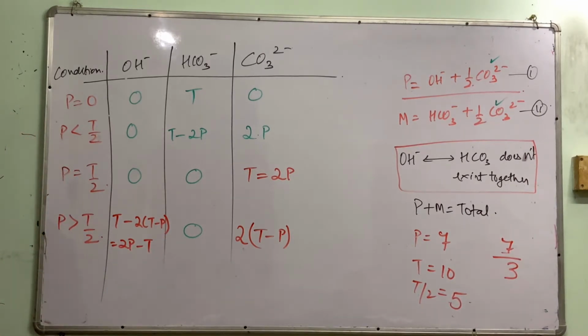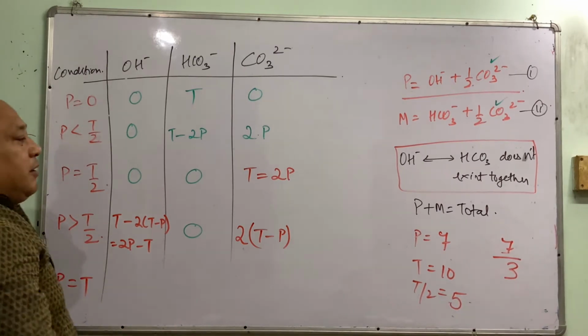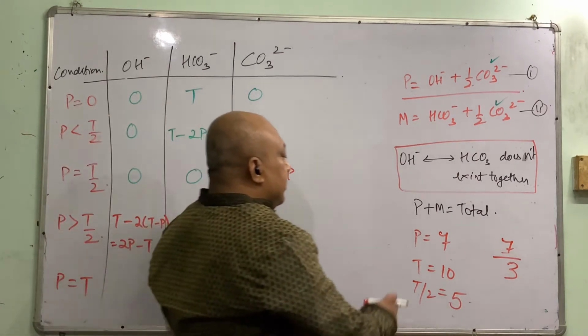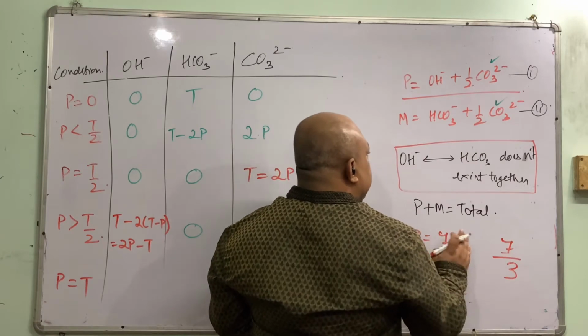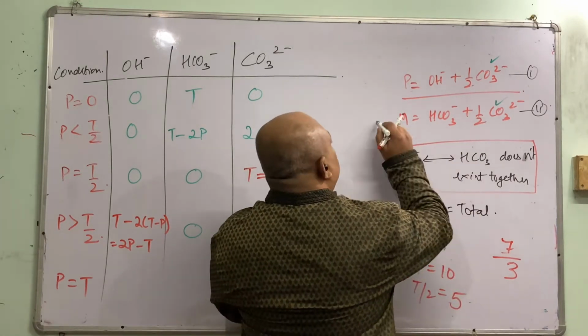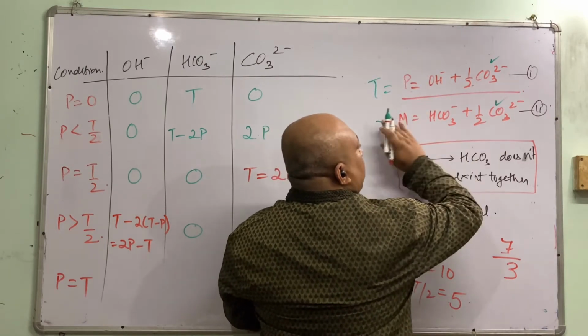The last one is if P is equal to T. If phenolphthalein is equal to T, as simple as that, there is no methyl orange. Total is P, so there is no methyl orange.